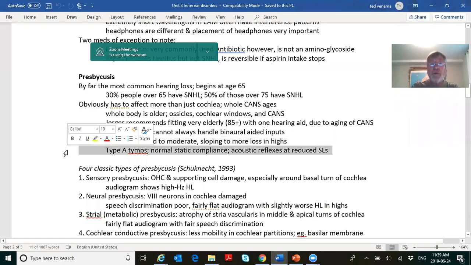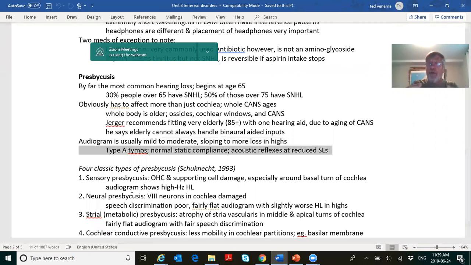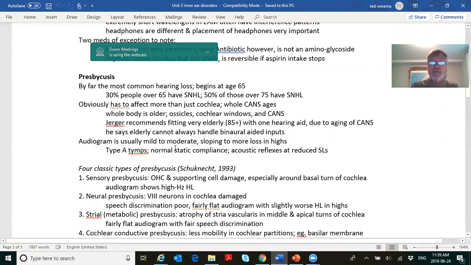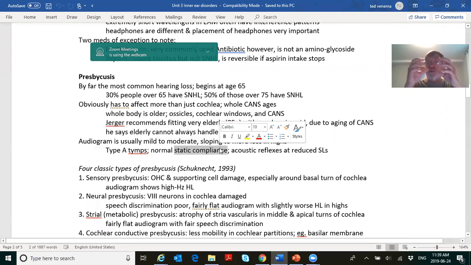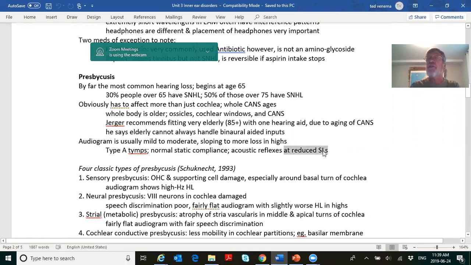Type A tympanograms, normal tympanograms with the peak at normal room air pressure. Normal height of the tympanogram, that's static compliance. Acoustic reflexes are all kicking in. But remember, they'll be doing so at reduced sensation levels.